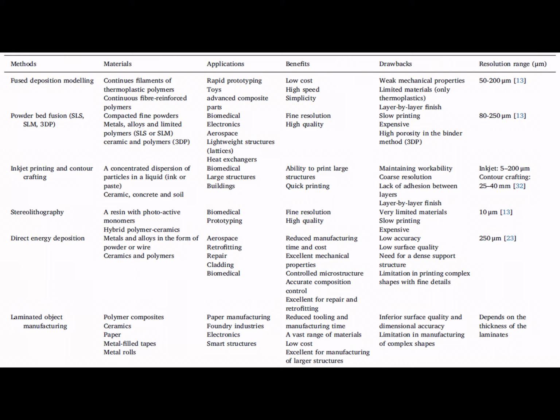Sometimes it depends on the material, sometimes on the accuracy, sometimes on the power of the machine itself. So go back and read this chart, and finish some of the assignments related to this lecture.